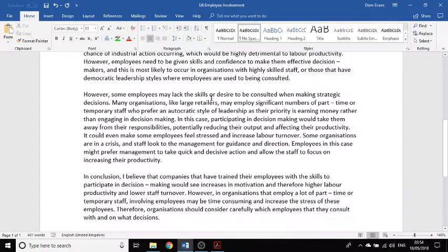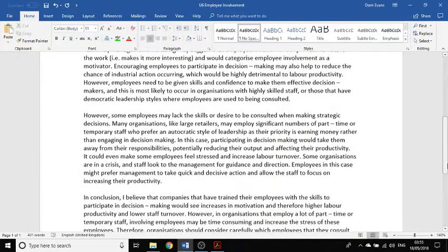Will it work in all organisations? Well, some organisations that employ part-time temporary staff, maybe not. And also when there's a crisis on and the staff want to be guided, let the management take quick and decisive action, and the staff can then focus on their day job, which will improve HR performance.